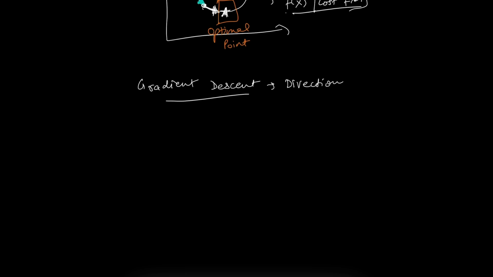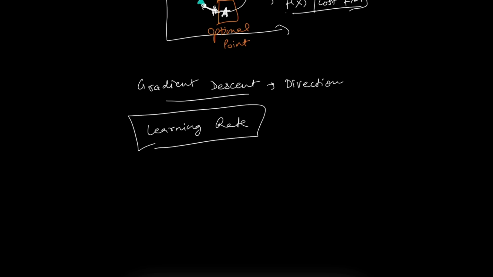But what actually determines the value that we subtract from our current point or add to our current point is the learning rate. Now, learning rate is a hyperparameter, which basically means we can tune it. It's something that we decide while building a model.